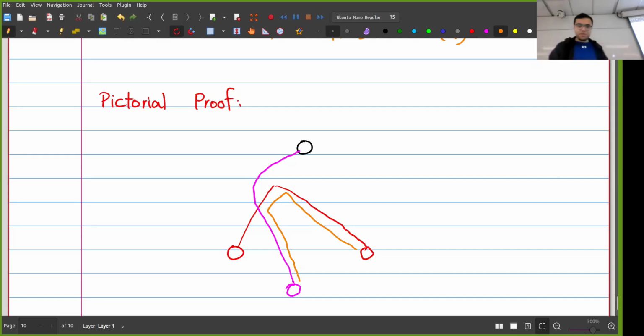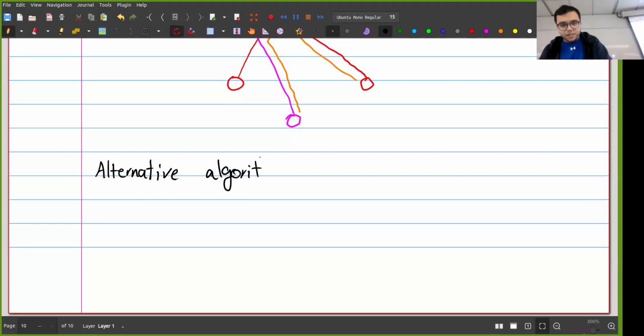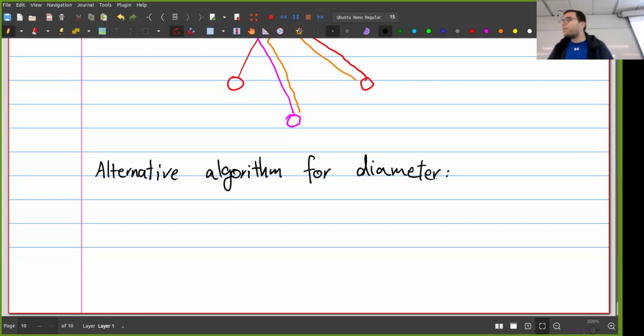Okay. So based on this, I can have an alternative algorithm for diameter. Well, first of all, I want to find the vertex that has the largest distance to the root. So I can do this by a BFS, because the BFS always gives me distances, but I'm talking about a tree.